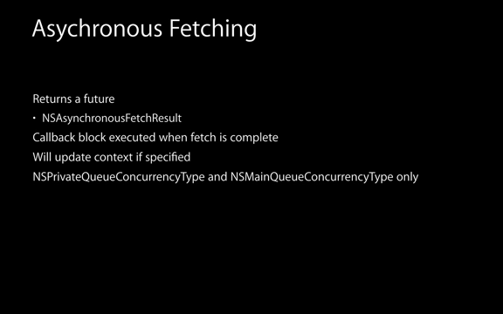And this means that asynchronous fetching is only supported for managed object contexts that are using either the private queue concurrency type or the NSMainQueue concurrency type. Because this is the only way that we have a separate queue that we know has sole access to the state of the managed object context. It's not supported for the confinement concurrency type.